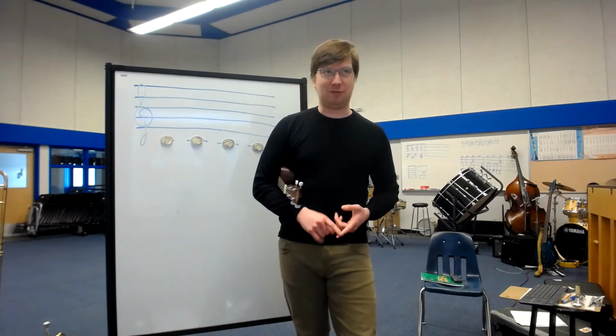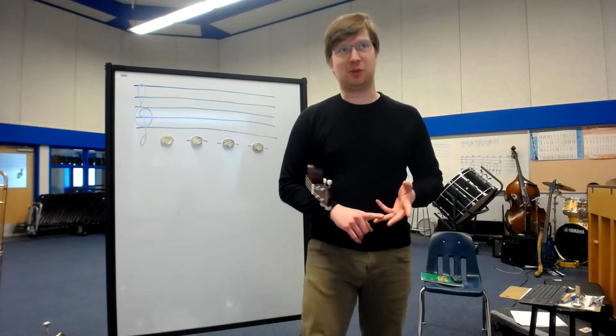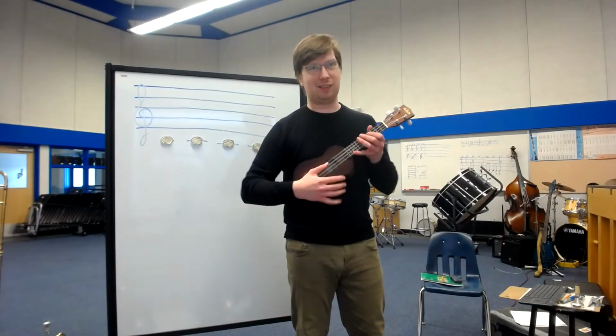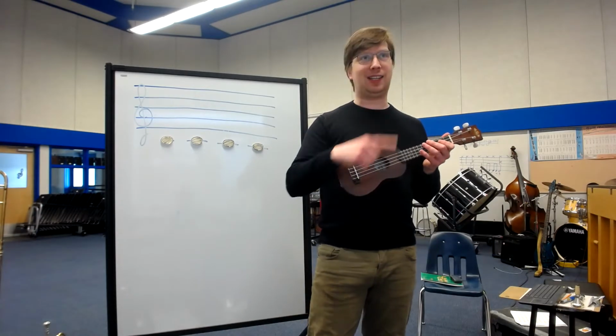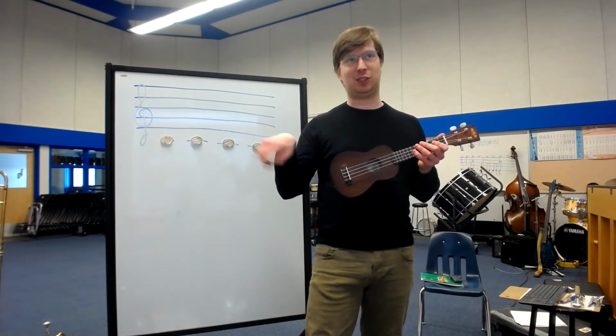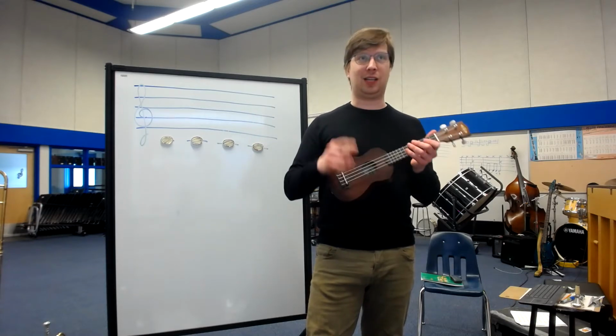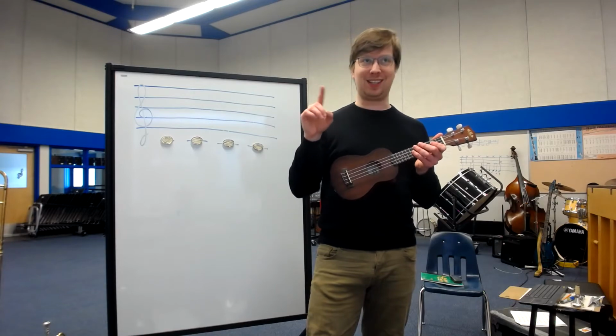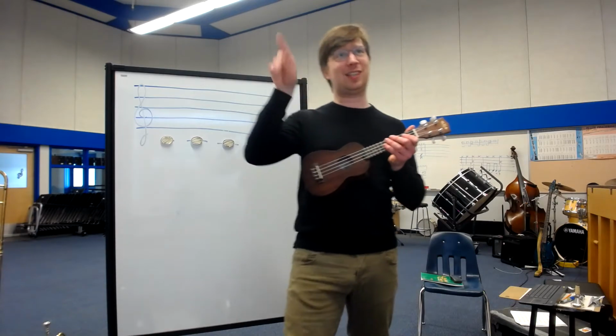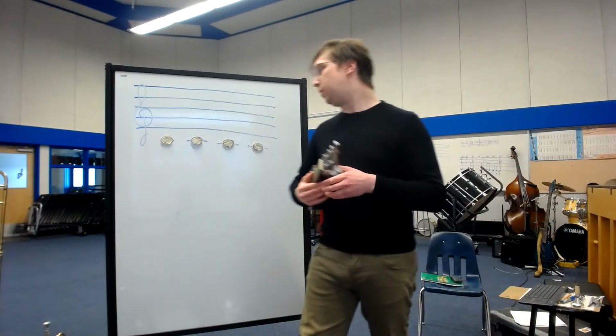There's no H, there's no Q or W, just A to G. And if I get to the end, I get to G, then it just starts over from A again. A, B, C, D, E, F, G, A. And it just keeps repeating, right?